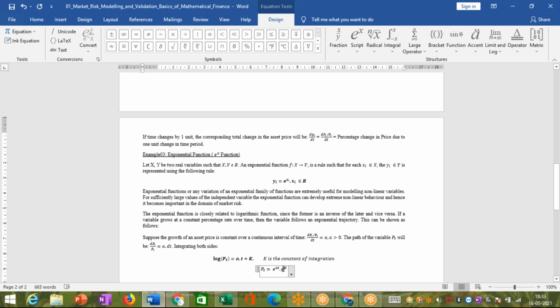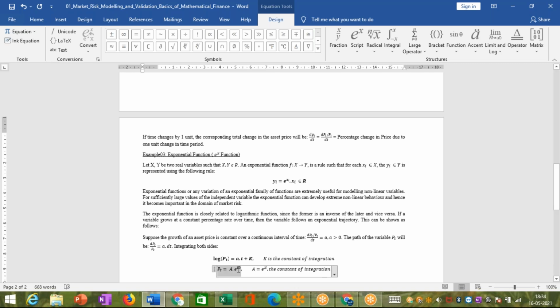So let this be A, where A equals e to the power of k, the constant of integration. So this is the constant value, right?